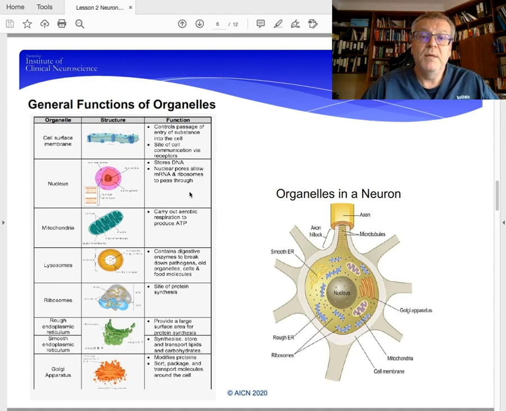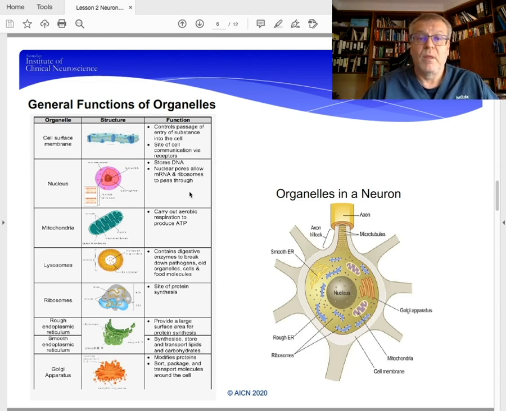Now, the smooth endoplasmic reticulum is important in the transfer of lipids and carbohydrates. Okay. Now, the Golgi apparatus basically takes proteins that have been produced and modifies them, and it can package them for export or package them for transport throughout the cell.